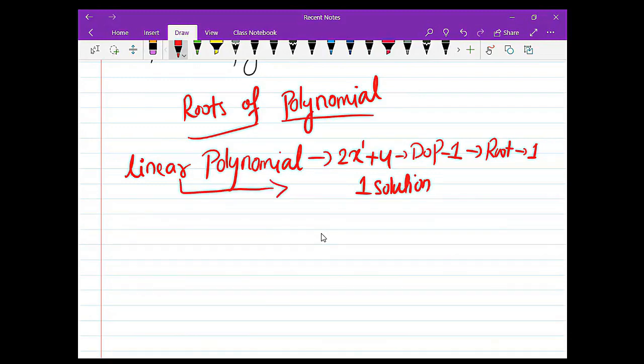Means the root is one. It means that x has only one value. Okay, only one root or one solution.